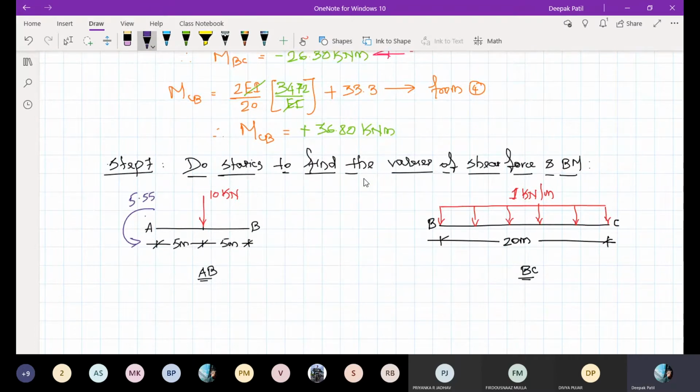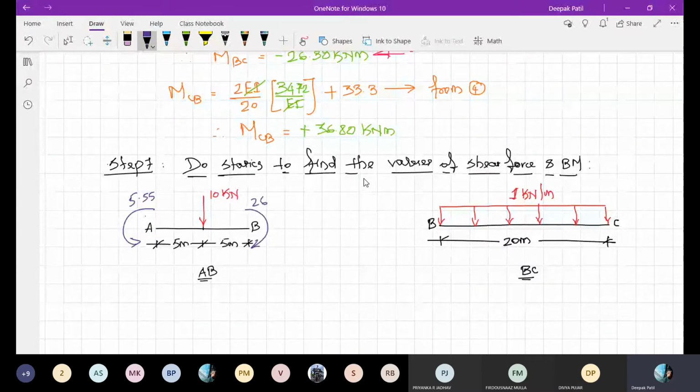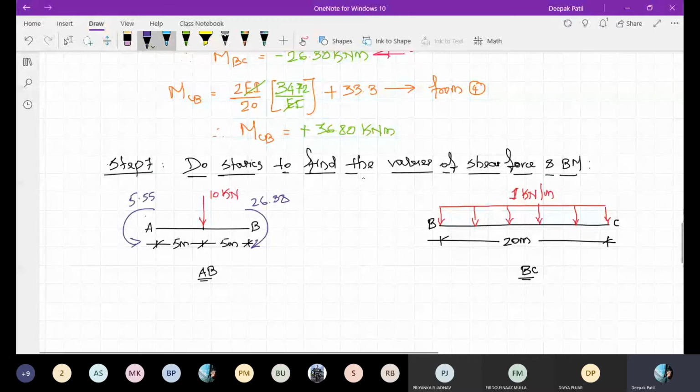Don't write minus here, because you already wrote the direction. Now MBA I'm getting is plus 26.38, so should I write clockwise or anticlockwise? Clockwise. So this is 26.38. Okay, I know the moments on this.